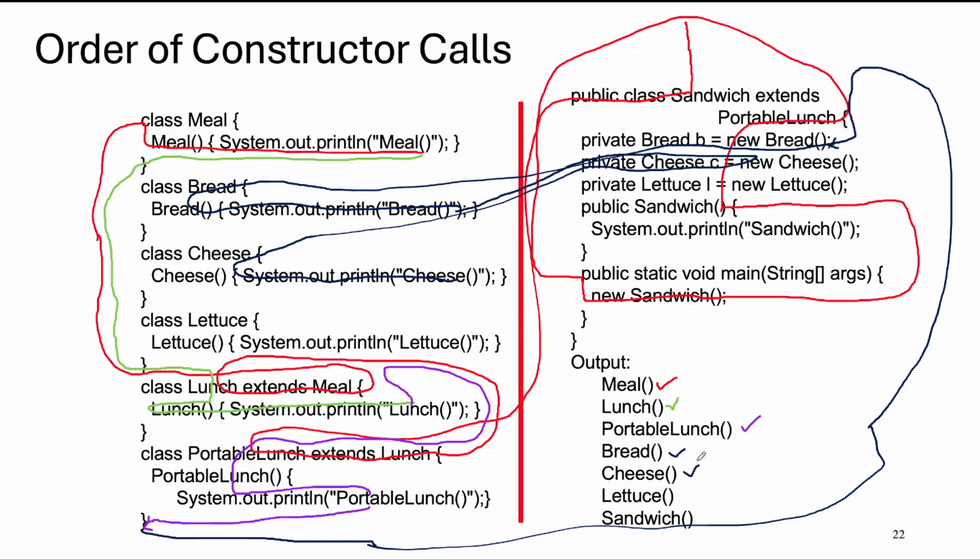Similarly, the next one is lettuce. So it will print the lettuce and finally it will enter into the constructor public sandwich, executes the statement sandwich. Prints it here.